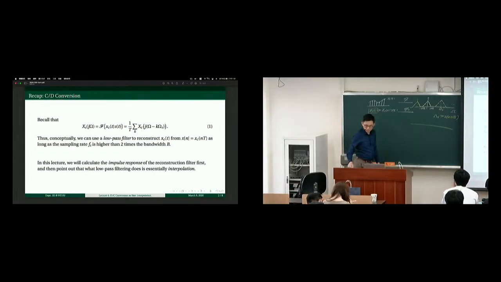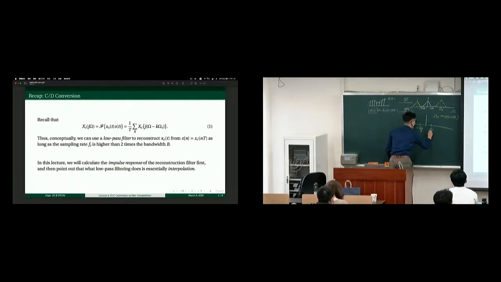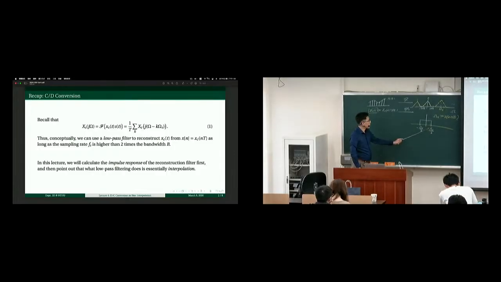So if we think of a low-pass frequency response that has a cutoff frequency, ideally at 2 pi b, or should I say at omega s divided by 2, an ideal one with a bandwidth of the Nyquist frequency, the sampling frequency divided by 2.